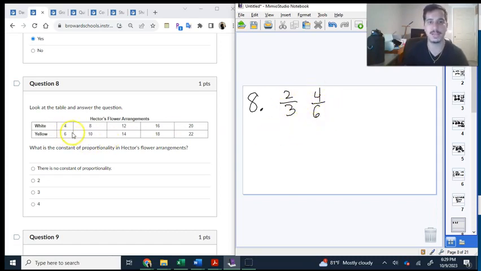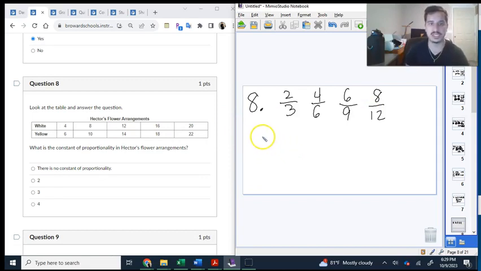If we multiply the top and bottom by 3, we get 6 over 9. If we multiply the numerator and the denominator by 4, we get 8 over 12. Do you see any equivalent ratios? Because I do not. Okay?